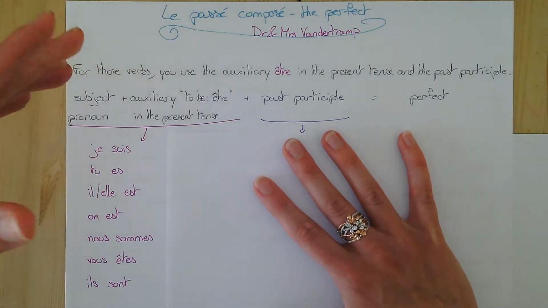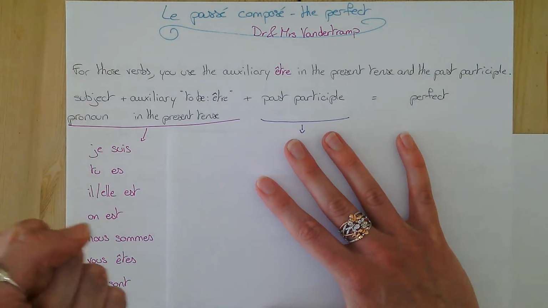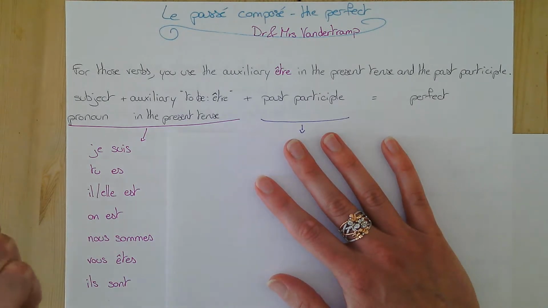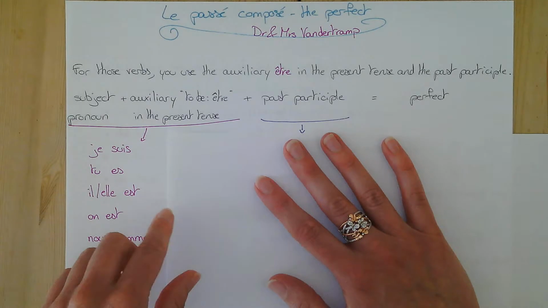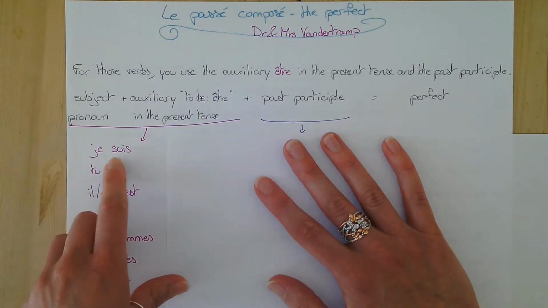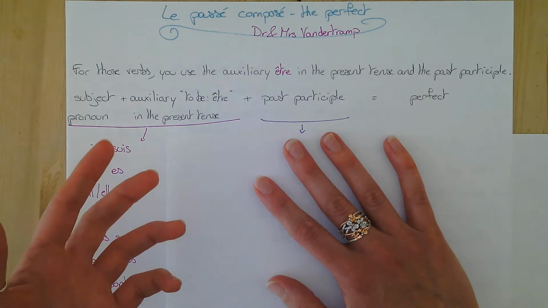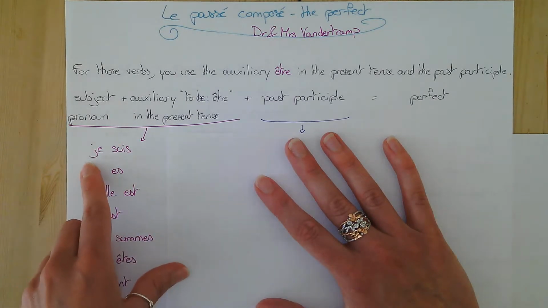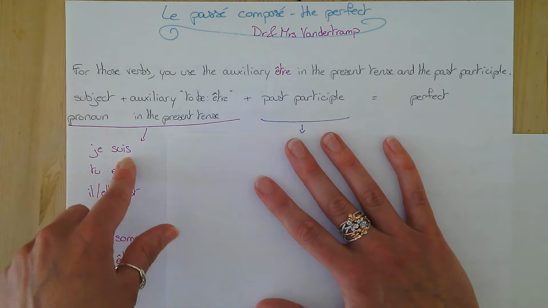So, let's say, for example, that you want to write, I have arrived. Literally in French, you won't say I have arrived, you will say I am arrived, which doesn't sound awful in English, but for some verbs, the fact that you start with I am would sound dreadful.